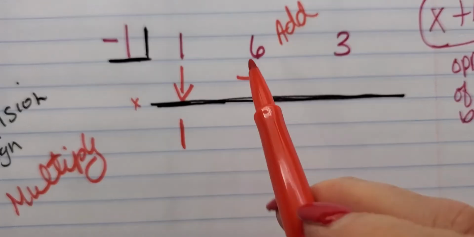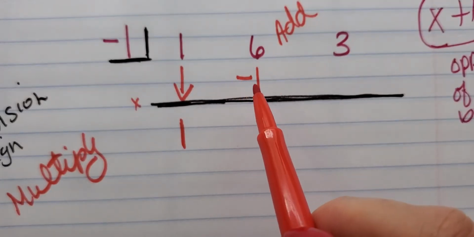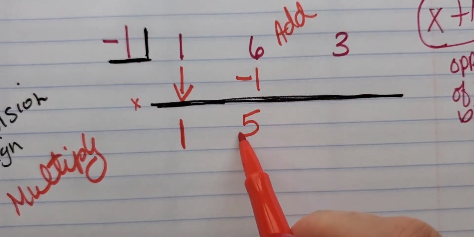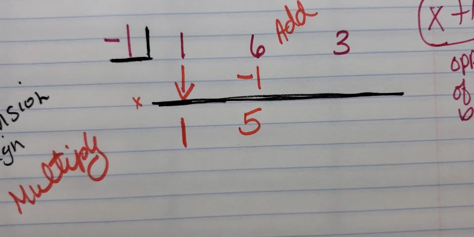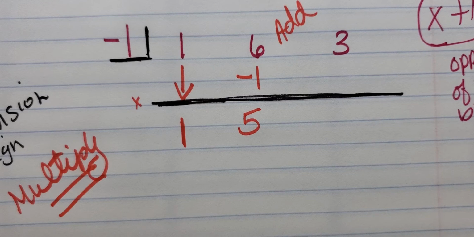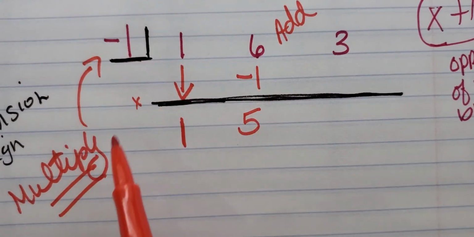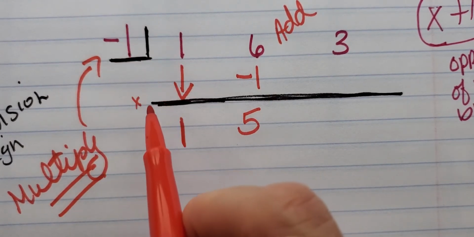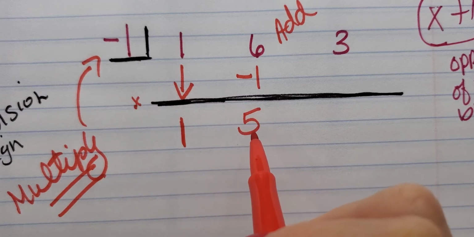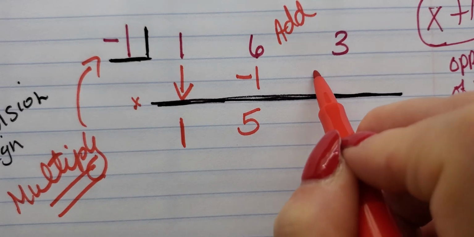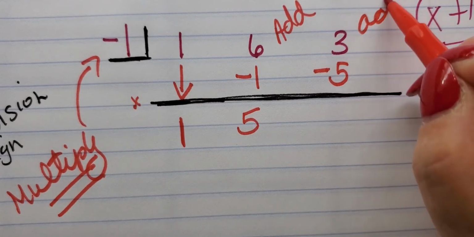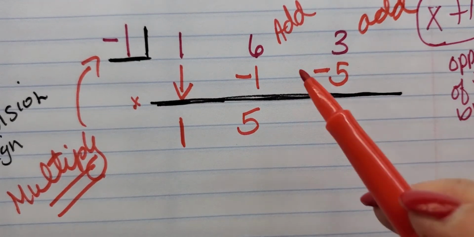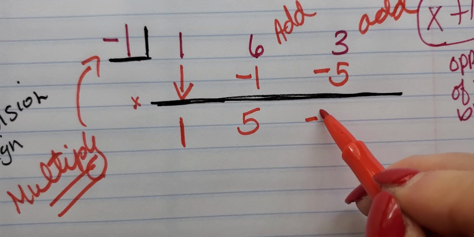So we're going to take 6 plus -1, and that's going to give you 5. Then we start all over again. We're going to go back to multiplying. We're going to take -1 and multiply it by 5, which is going to give us -5. And then we're going to add again. And -5 plus 3 is -2.